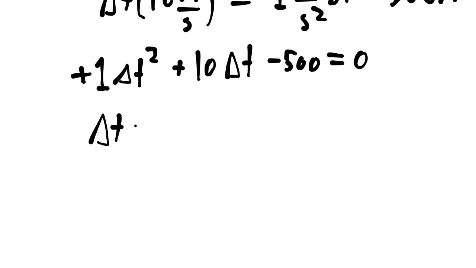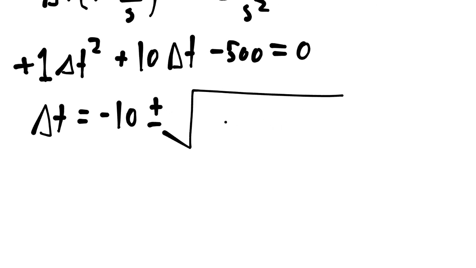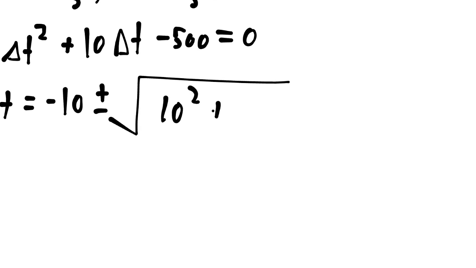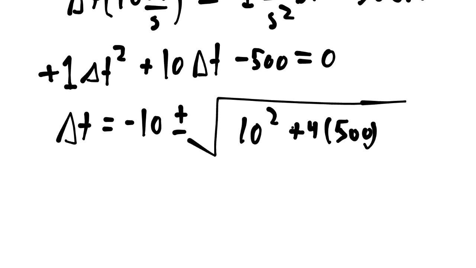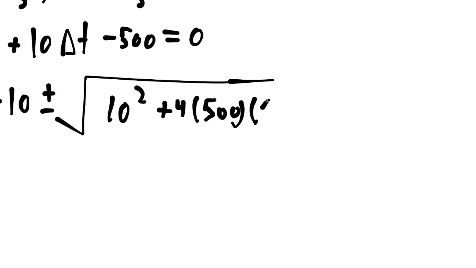So delta t equals negative 10 plus or minus. Okay, if you don't know quadratic formula, you got to make sure you remember it. I'm making it plus 4 because it would be negative 4 times negative 500, but I'm going to take out the two negatives because they just multiply together to equal positive.